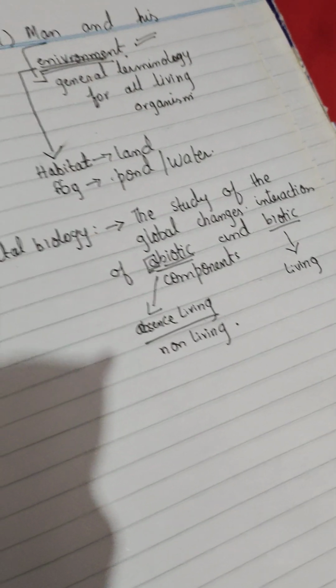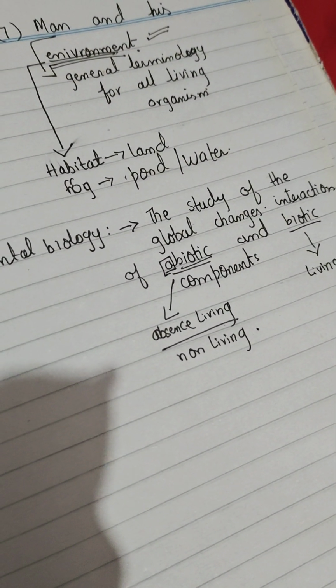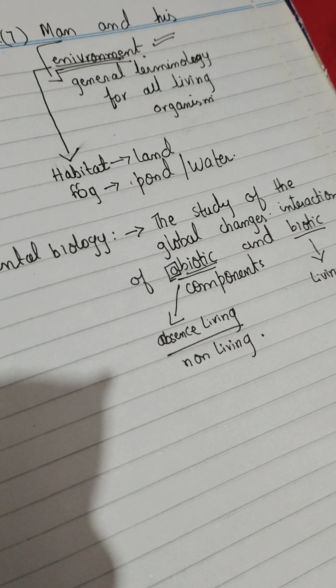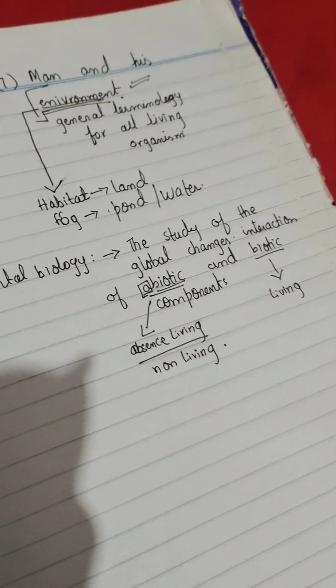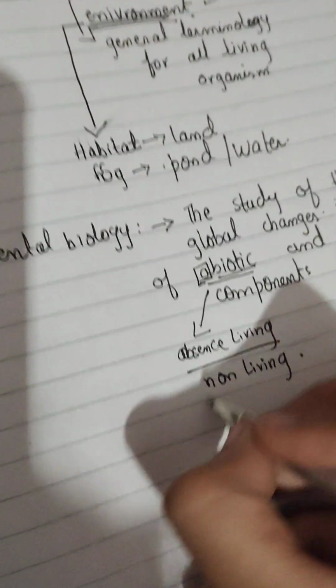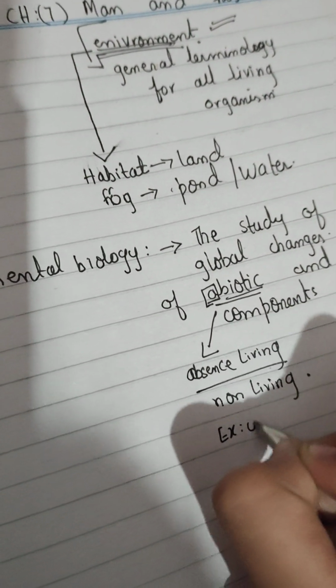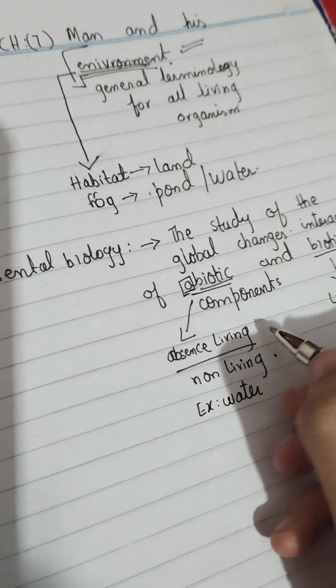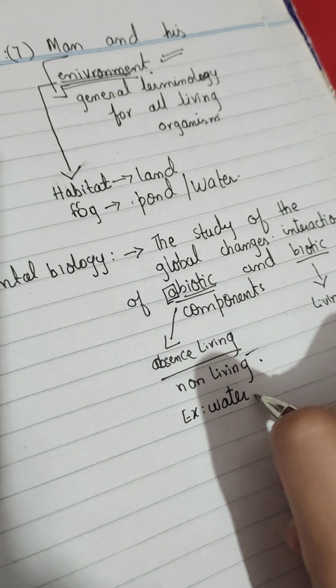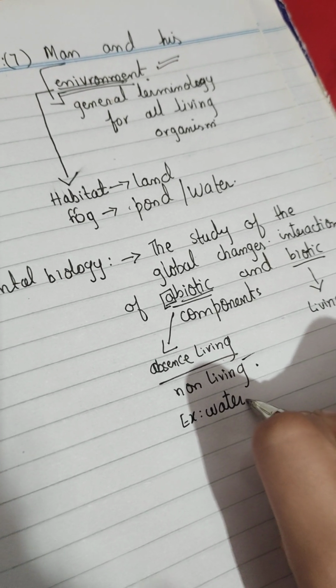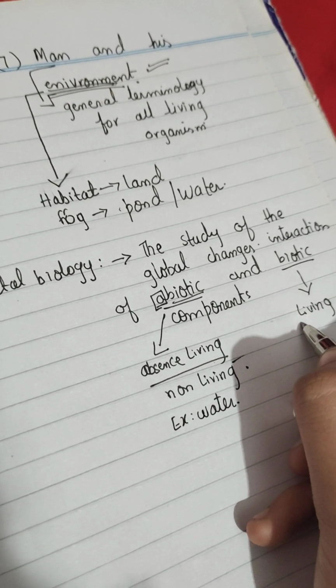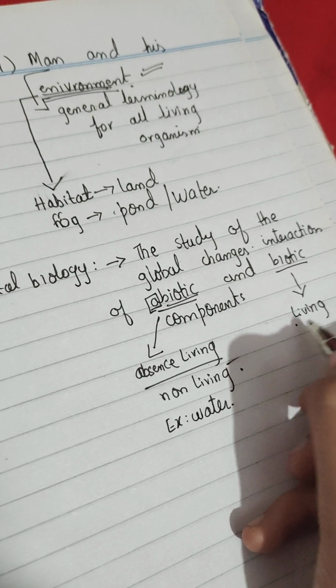An example of abiotic substances includes water, soil, and temperature. These are non-living, but living organisms benefit hugely from them.